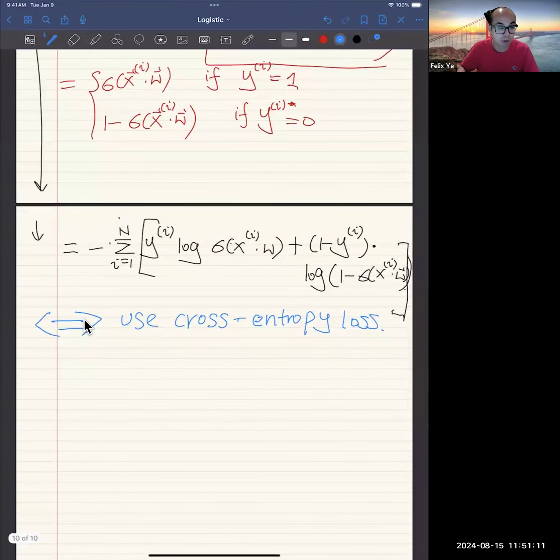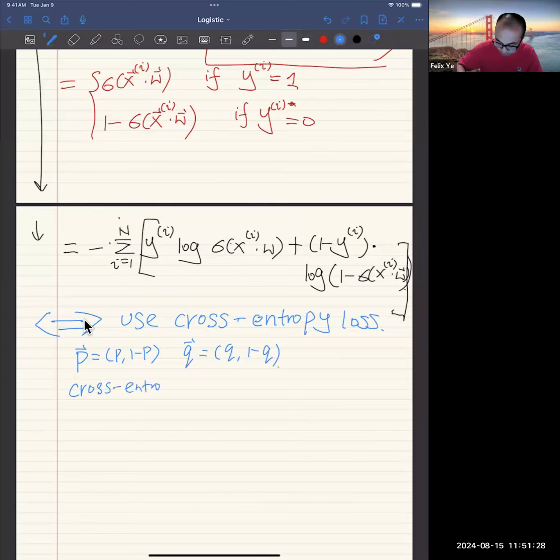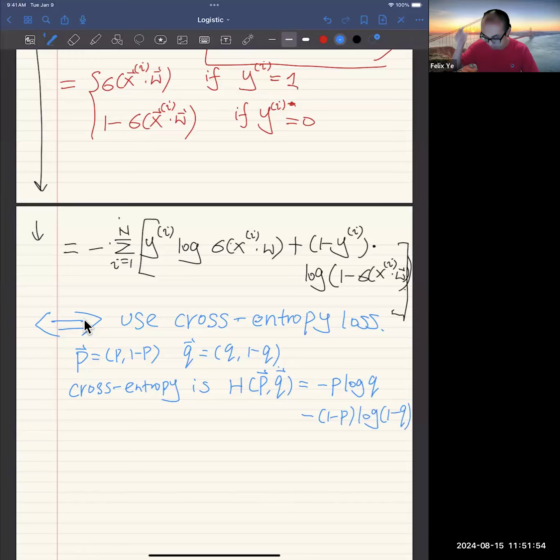If you have two Bernoulli distributions, one is P and 1 minus P, another is Q and 1 minus Q, the cross entropy is defined as H(P, Q) being minus P log Q minus 1 minus P log 1 minus Q. So P is a vector here.